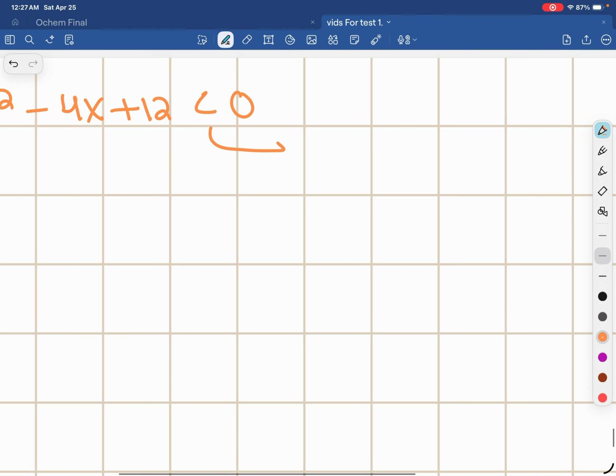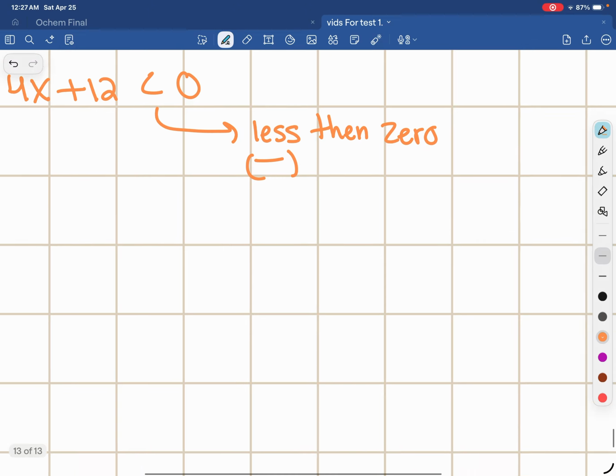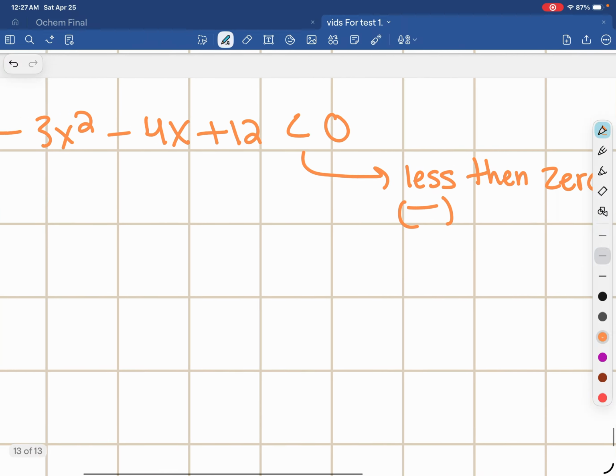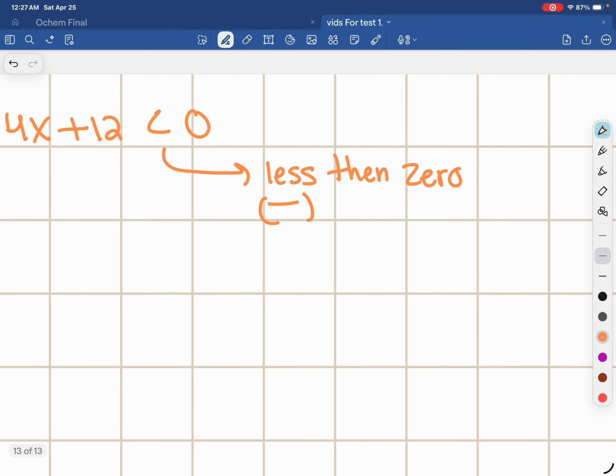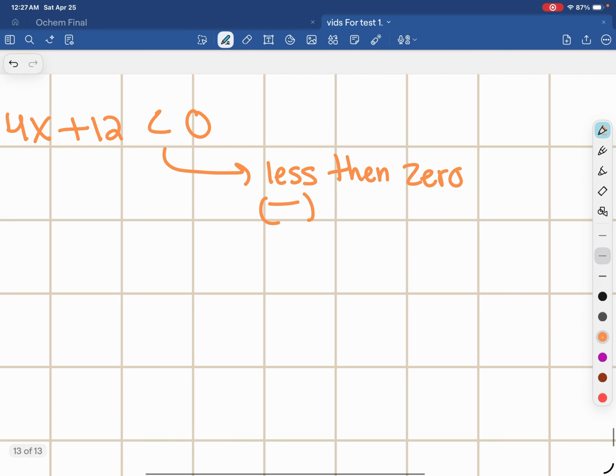We are specifically looking for values that are less than 0, which are going to be negative terms on our number line when we get to that point. And I'll explain it further when we get there. This will also affect our interval notation, which we have to put our solution in, and I will also explain that.